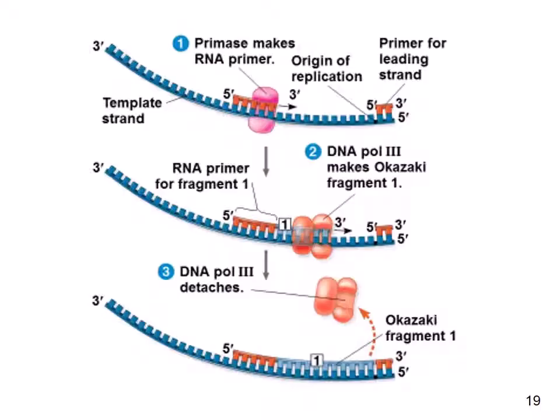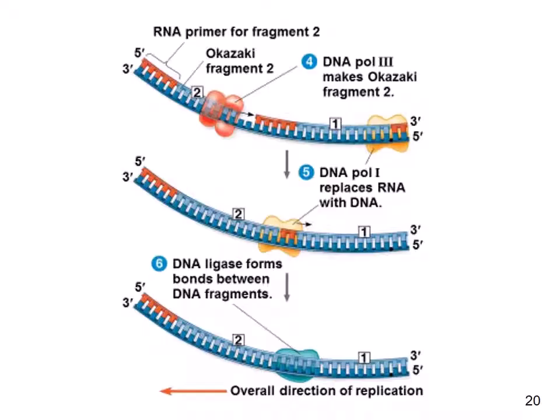That allows DNA polymerase to come in, and this one is making an Okazaki fragment, and then the DNA polymerase is going to detach. Then another primer is made for another Okazaki fragment, and DNA polymerase 3 comes in again and makes the rest of the DNA. A different DNA polymerase comes in and replaces the RNA with DNA, and then DNA ligase forms the bonds between those two DNA fragments. And again, I would strongly encourage you to watch the video because it's a little bit easier to see in motion.